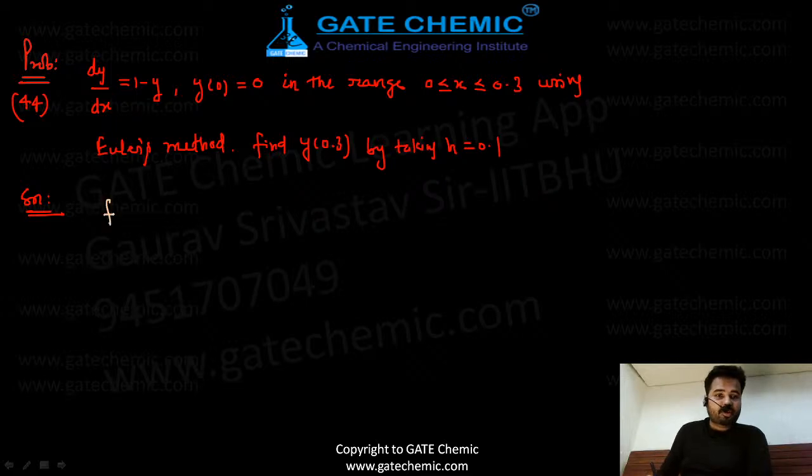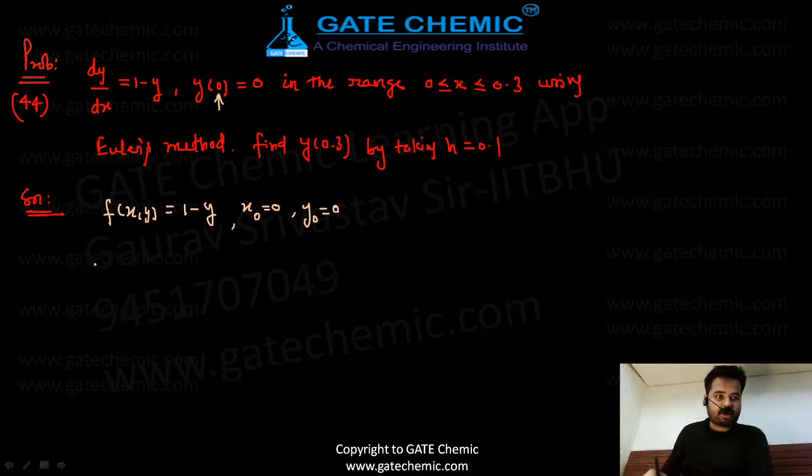Now we know the function of x comma y is given here as 1 minus y. Okay, you can see here, and this one is your x naught. So x naught is 0 and y naught is also 0. Okay beta.